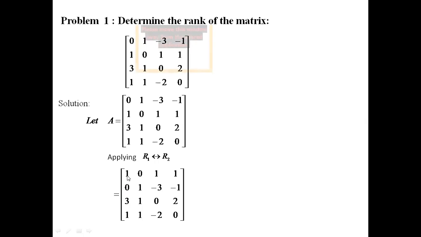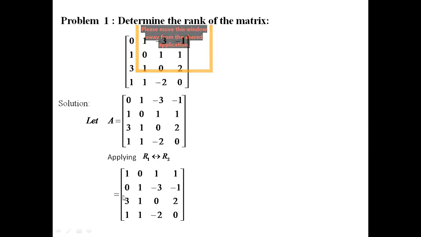So to make the elements under the first column zero, you have to consider the first row for the operation. With respect to the first row, you have to make this element zero. In the third row, the first element must be zero. For that, here 3 is there. When you multiply the first row by 3, this becomes 3, so 3 minus 3 is 0.